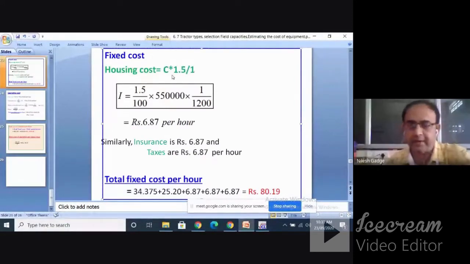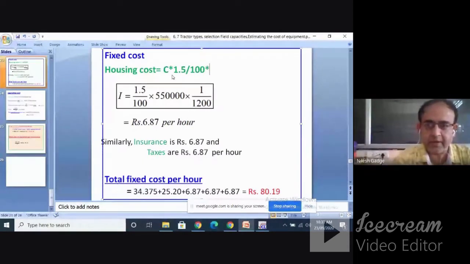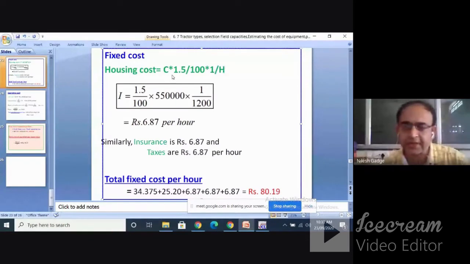divided by 100. Then again it is divided by H, the working hours per year.